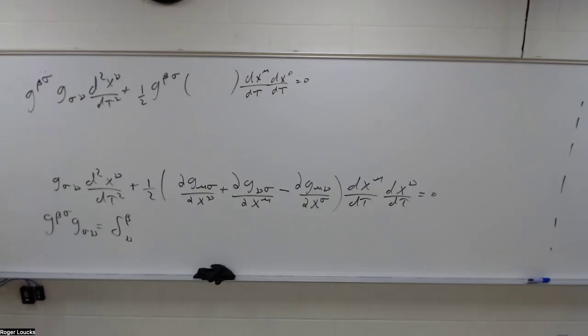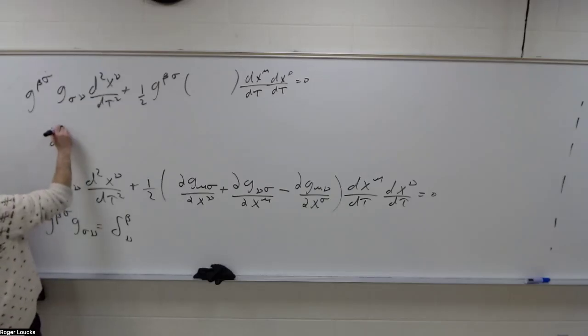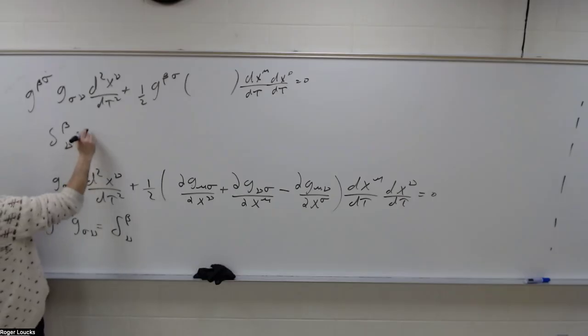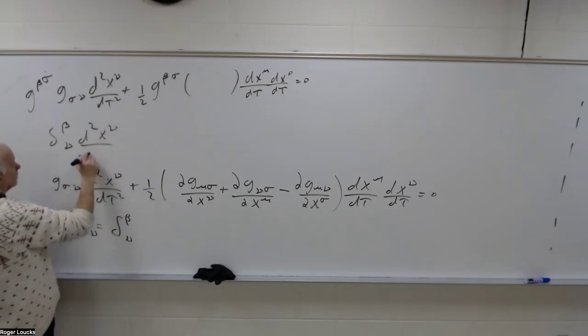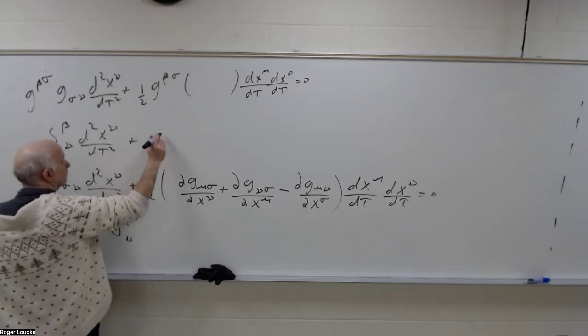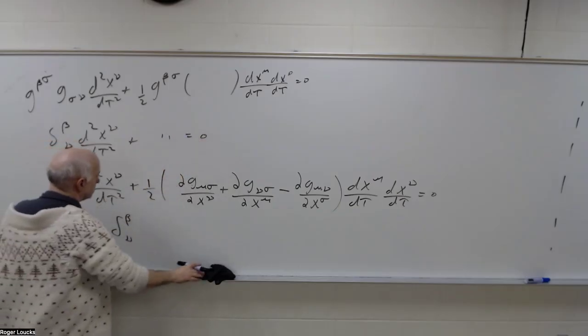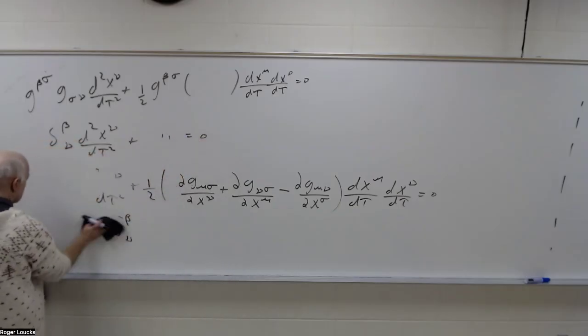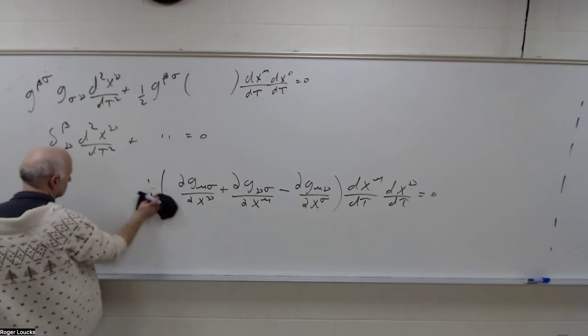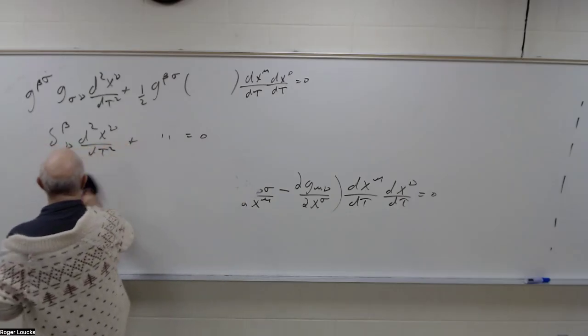Okay. Now this guy goes to delta beta nu. Dx nu here like this. Plus 0. What does that give me?